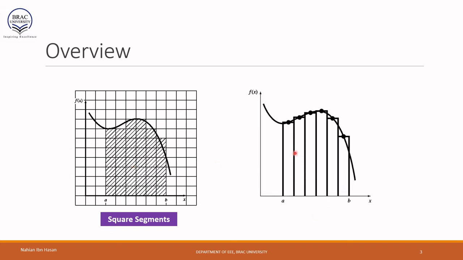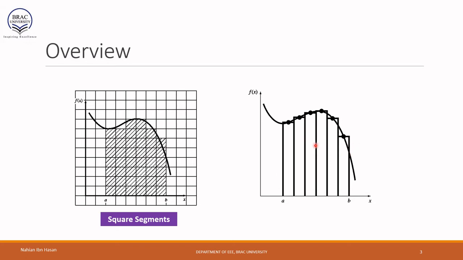In this figure, we segment the area under the curve into smaller vertical segments. Each of these segments has a similar width, but they have different heights. So these are rectangular vertical segments.